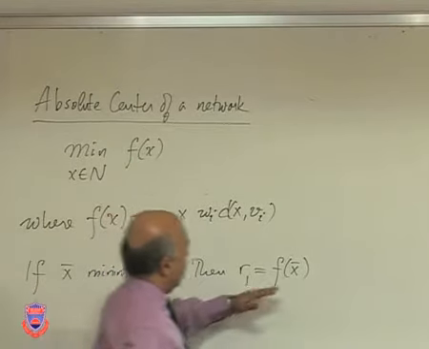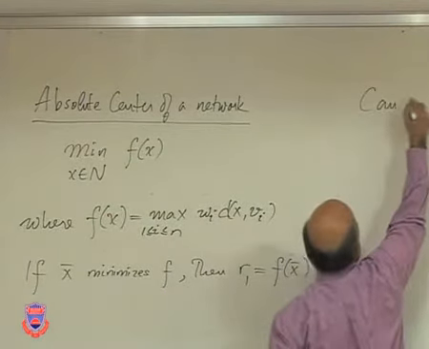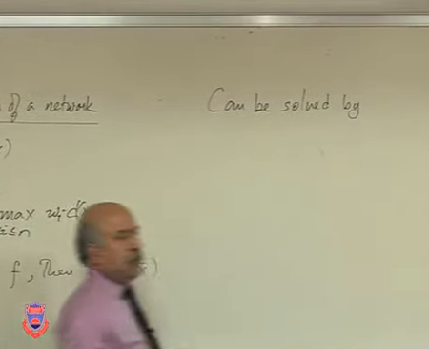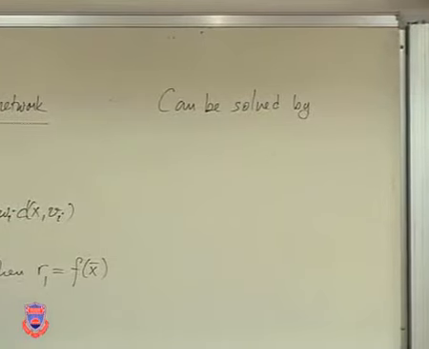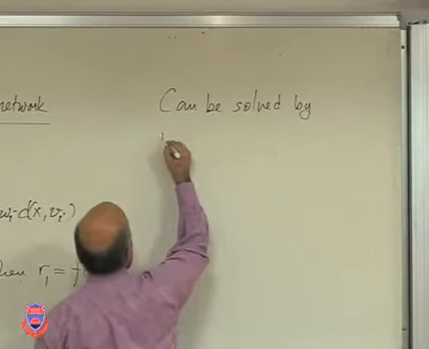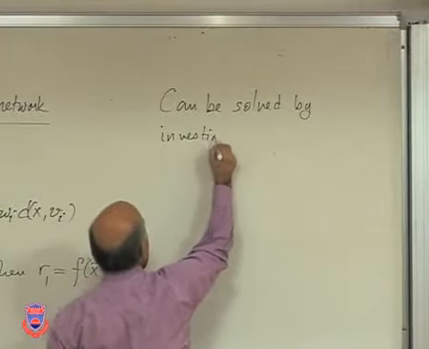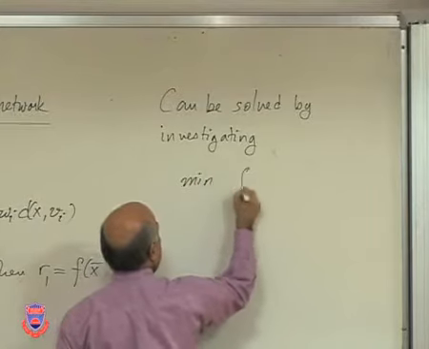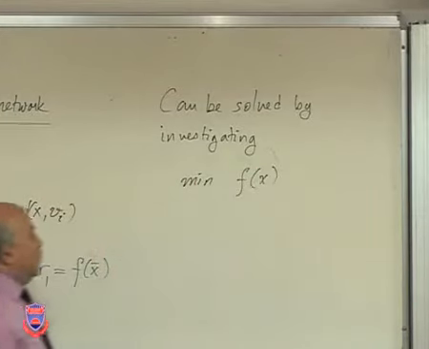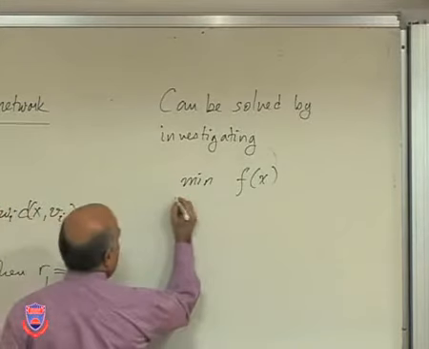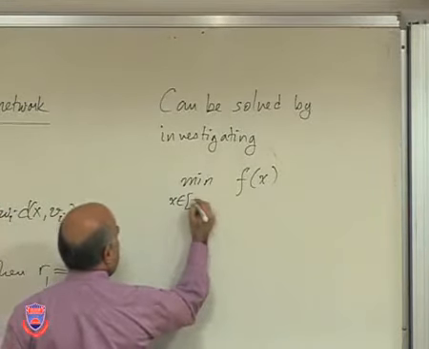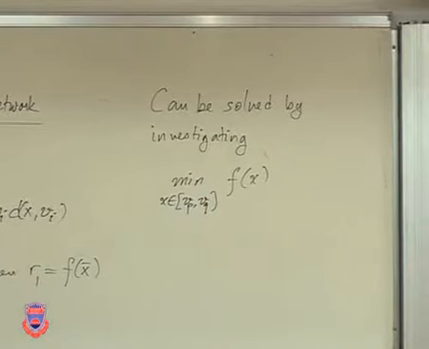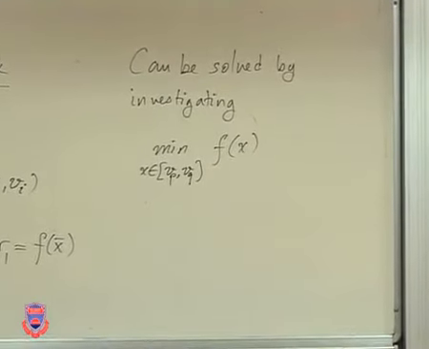So this can again be solved by restricting your attention to edge problems, where the edge problem associated with edge, say, VP, VQ is simply the minimization of the same objective function over all points in the edge VP, VQ.